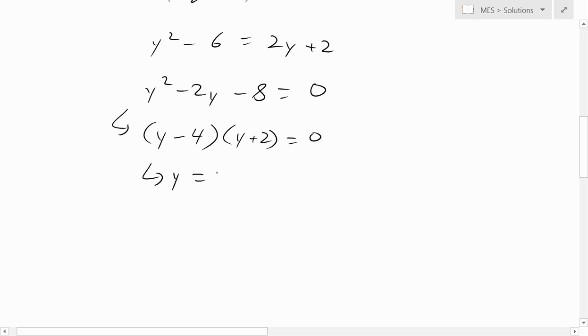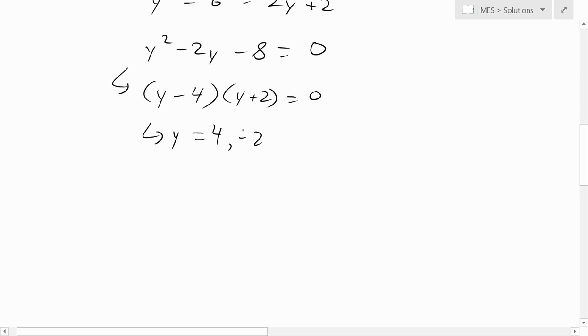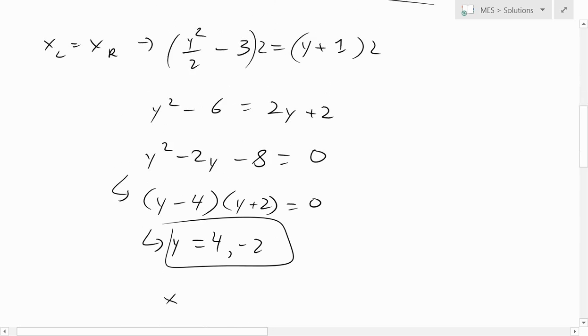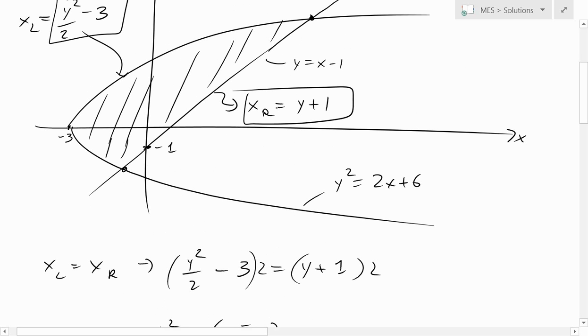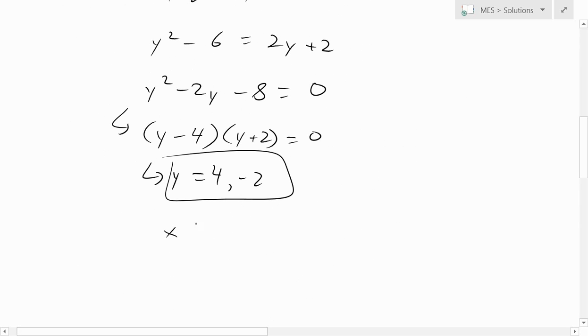Basically this equals 0 when one factor is 0 or the other is 0, which is when y equals 4 and y equals negative 2. Just plug in negative 2 or 4 to check it equals 0. Now for the x values, we can just use the line function, so that's just plus 1 to each one, giving 5 or negative 1.